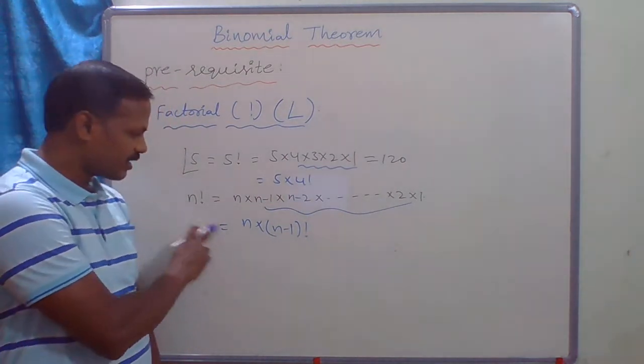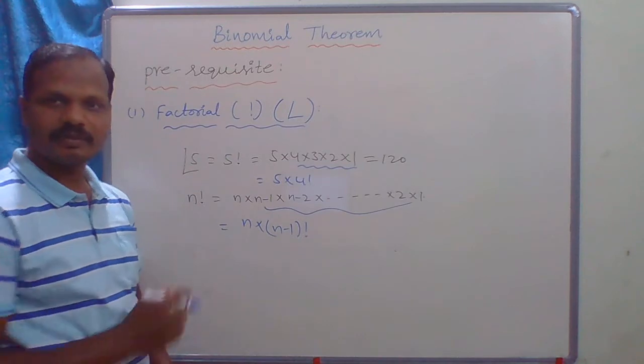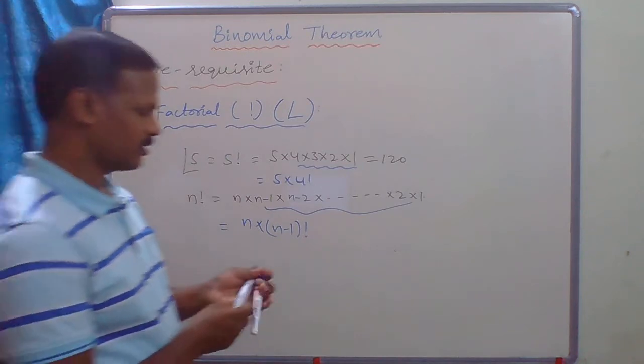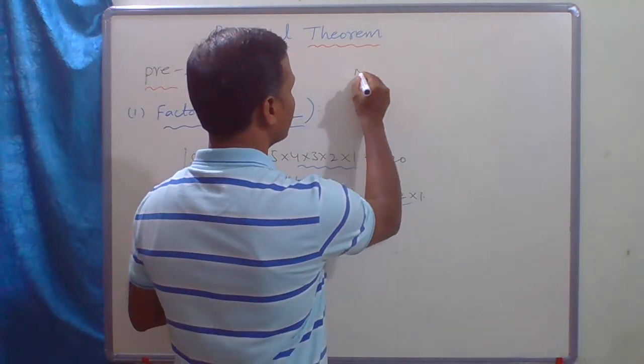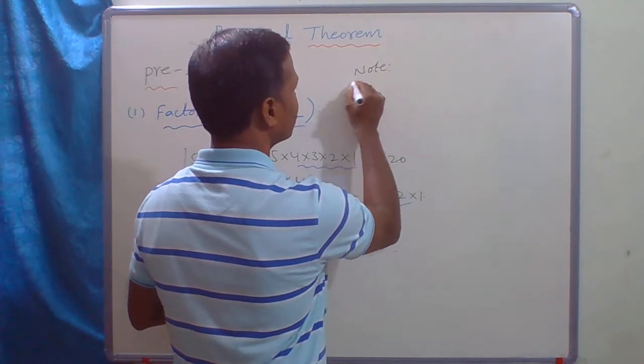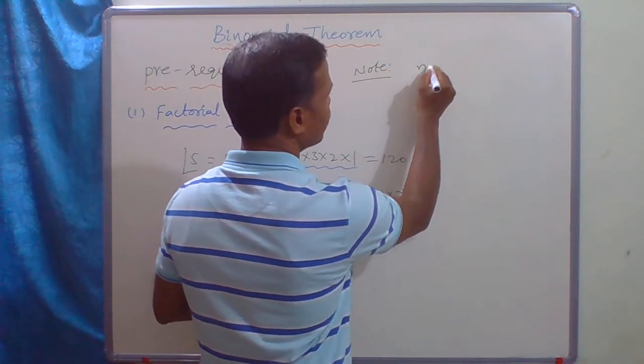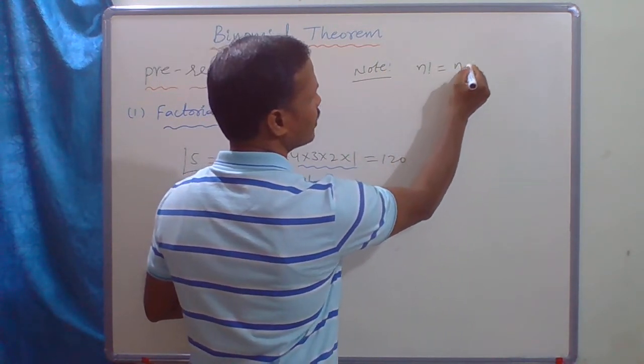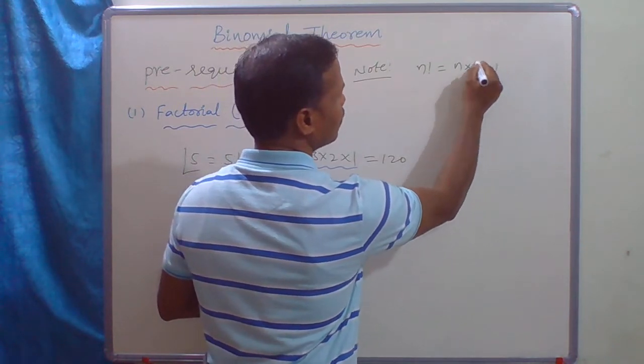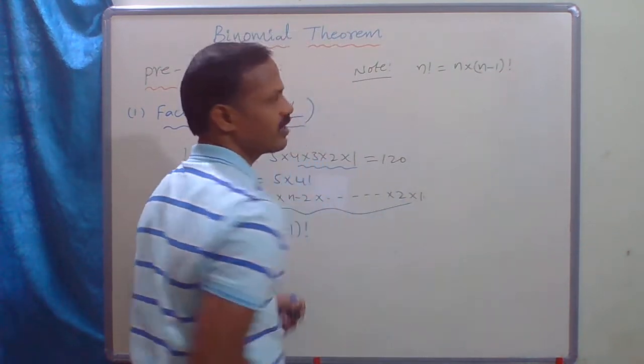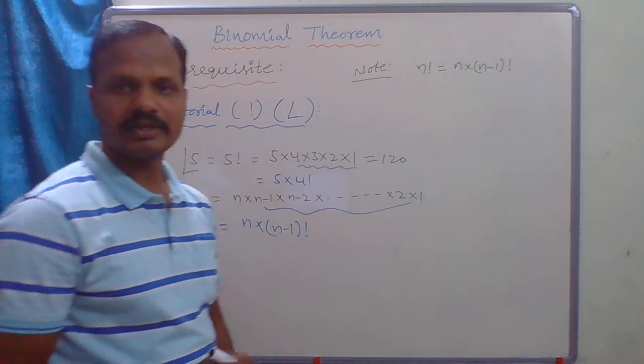So n factorial can be written as n into n minus 1 factorial. You have to note this point: n factorial equal to n into n minus 1 factorial.